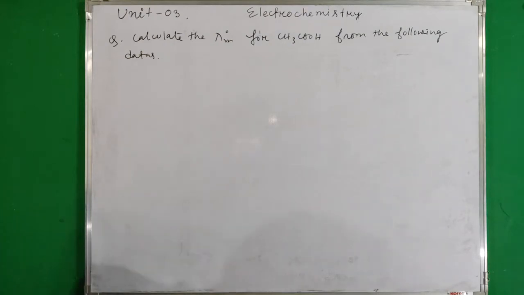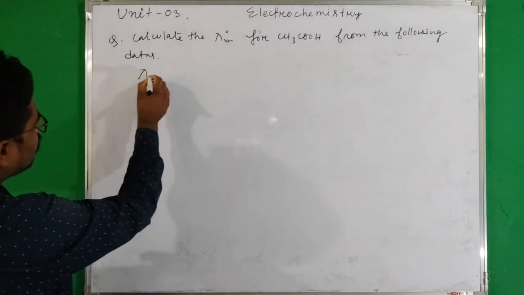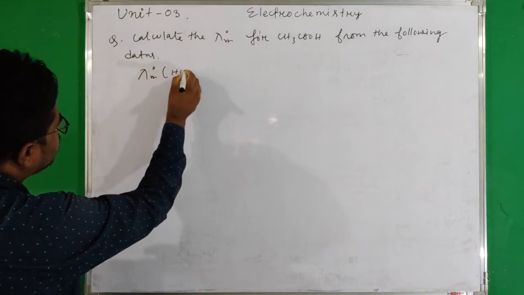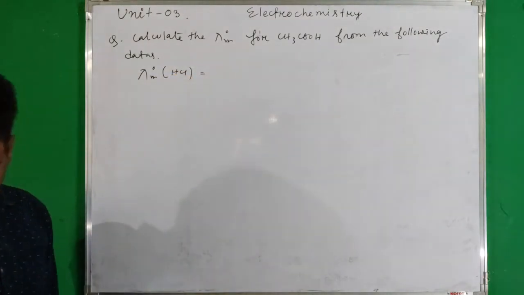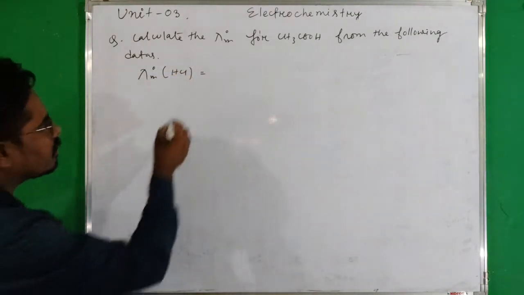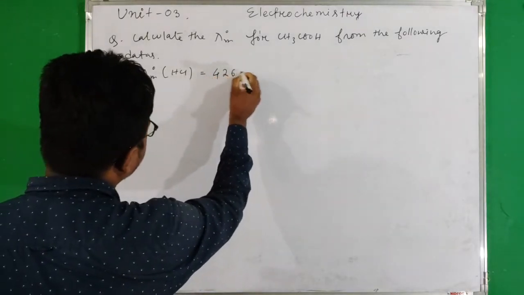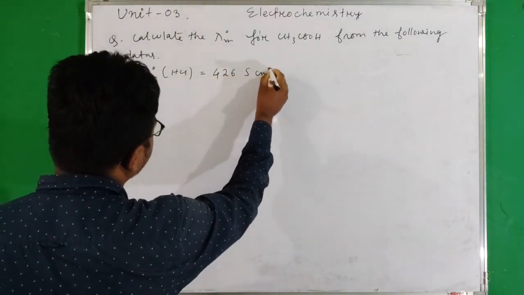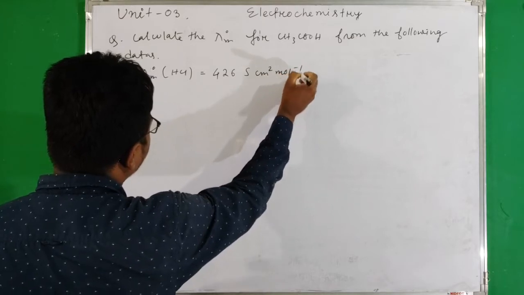Given that lambda m naught for HCl is 426 Siemens centimeter square per mole.